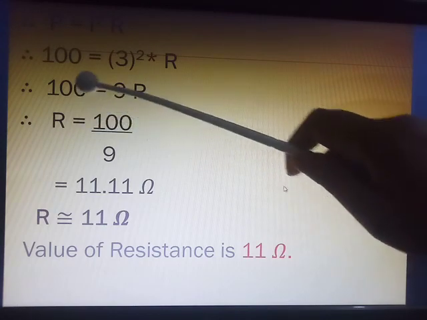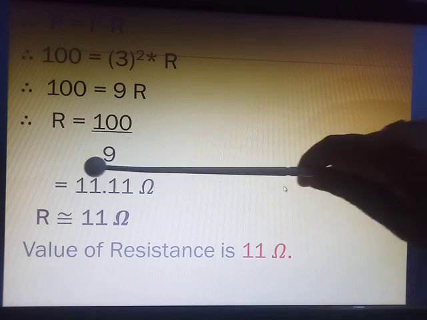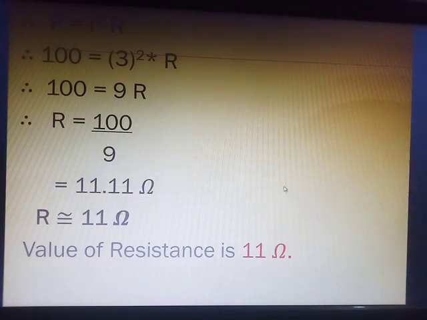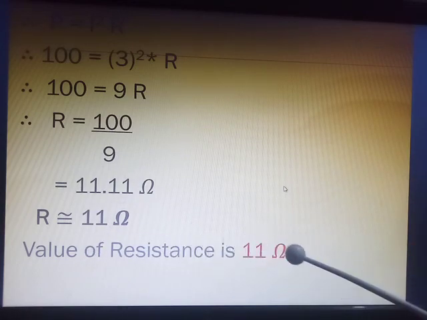R is equal to 100 divided by 9. If you divide 100 by 9, you will get 11.11. As it is resistance, it will be in ohms. So instead of taking 11.11, you can take approximate value of resistance is 11 ohms. And finally, you will write down the answer. Value of resistance is 11 ohms.